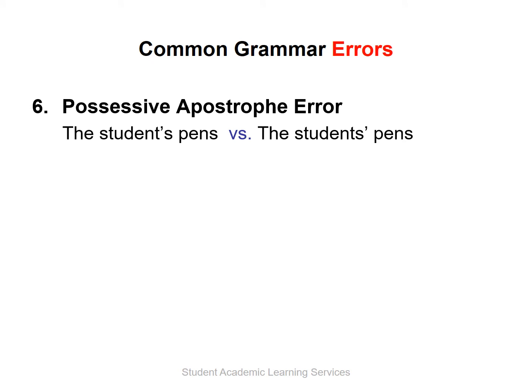If you look at the first example, the student's pens, versus the second example, the students' pens, the only difference is that in this case the apostrophe comes before the S in students, and in this case it comes after the S. One of these represents one student's pens, and the other one represents many students' pens, singular and plural.